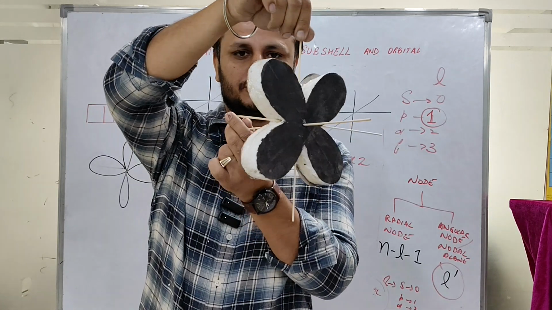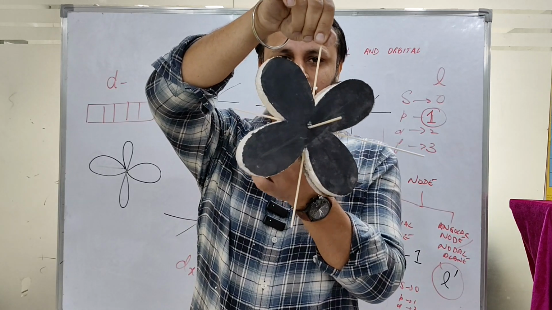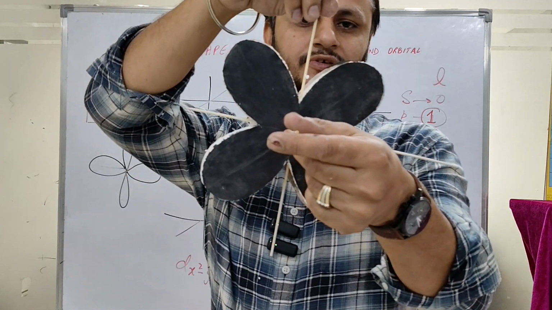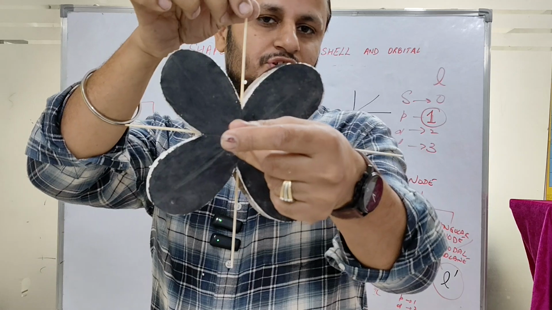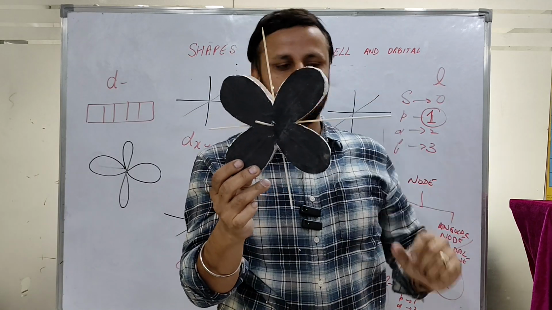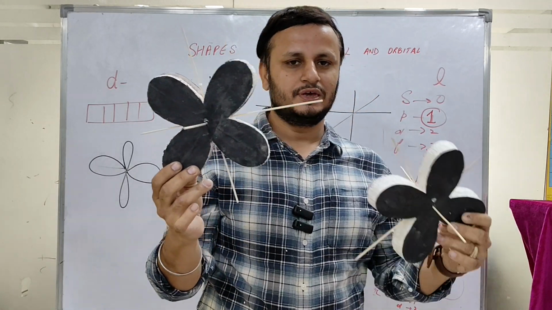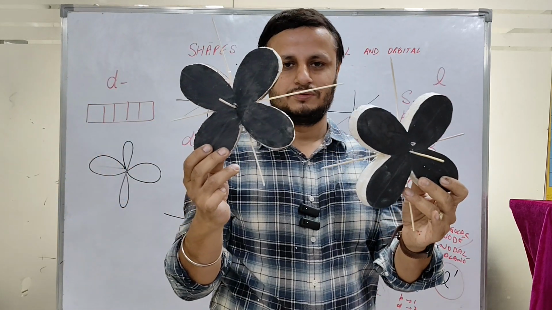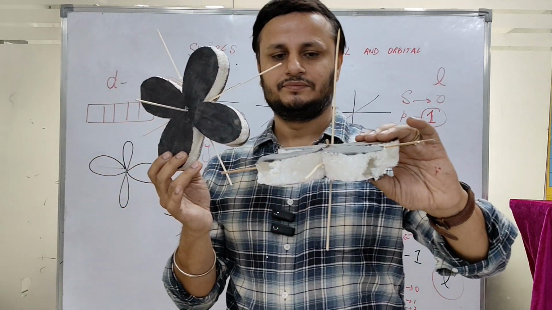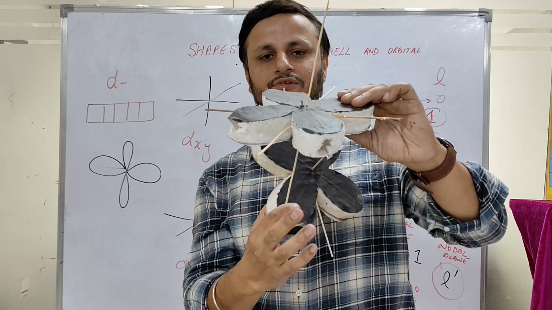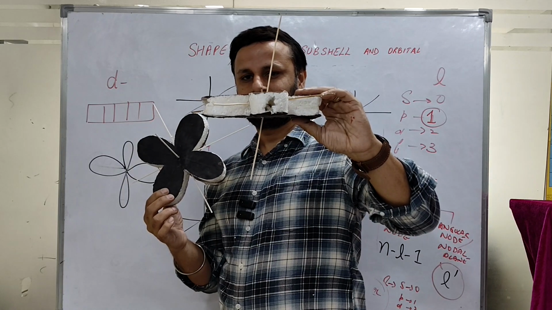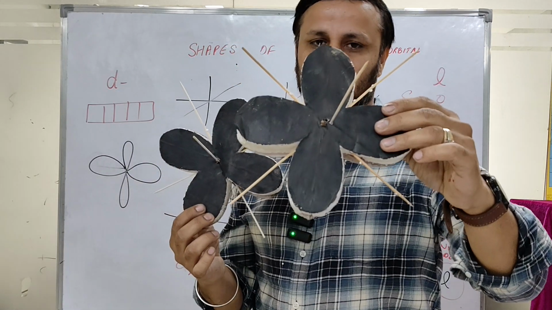If I rotate it along the y and z axes, only the axes change, the rest is the same as from the front we get along the xy axes. And similarly, this is xz, the xz subshell.